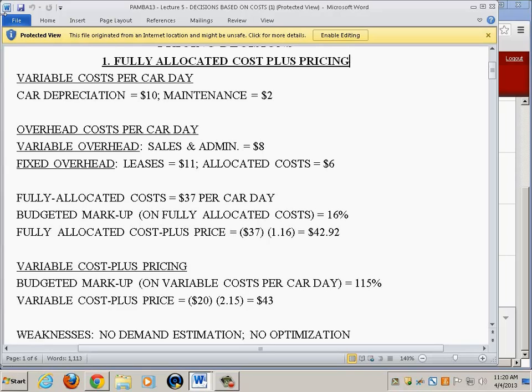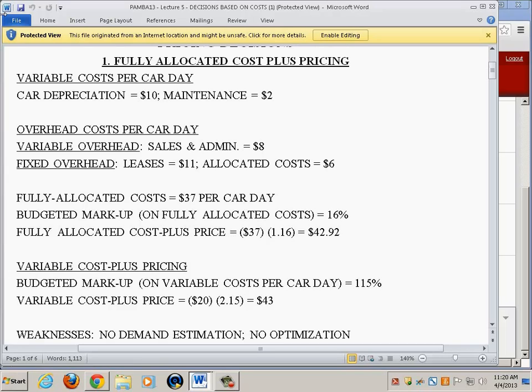Then there were the indirect variable costs of selling and admin, $8 per car day. And then there was the fixed overhead, the leases of building and land, $11.